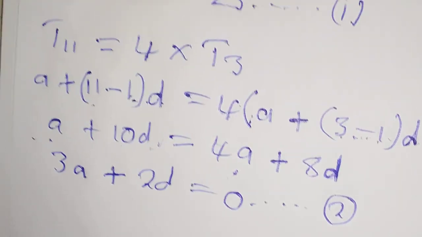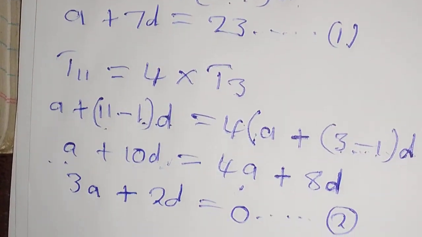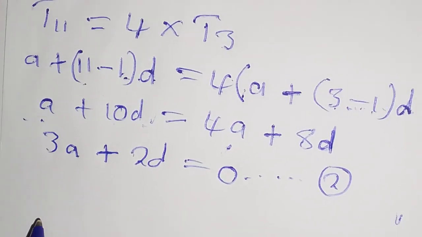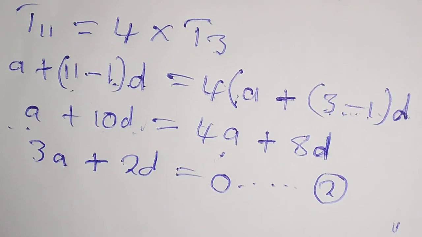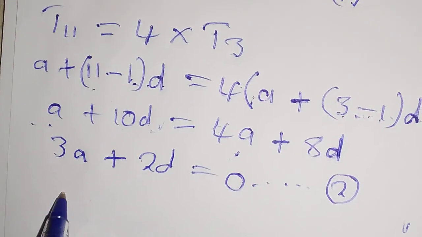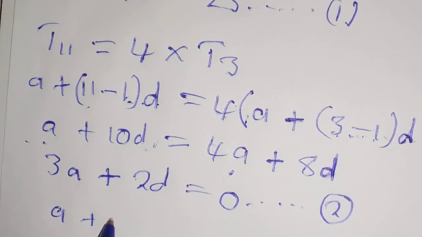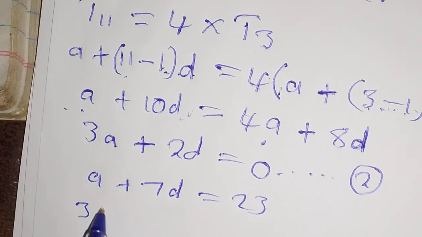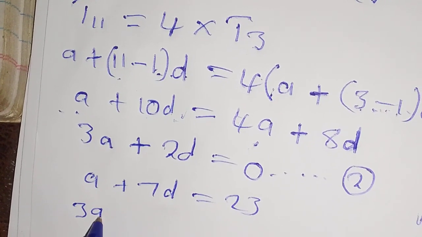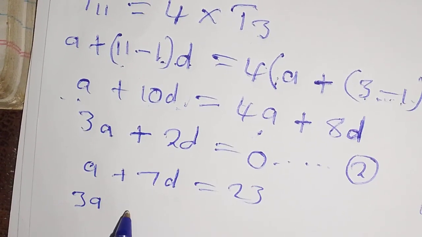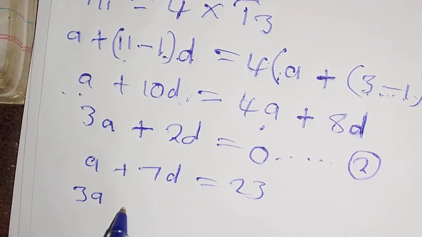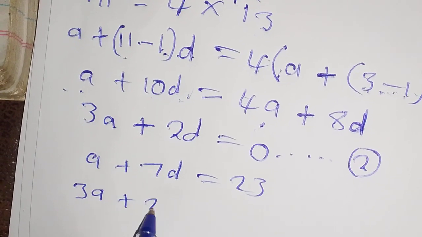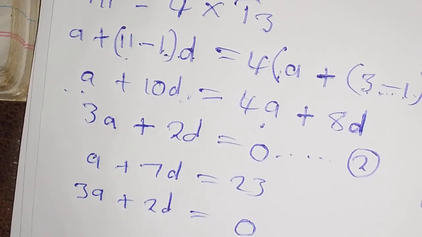So we can solve the first and second equations simultaneously: a plus 7d is equal to 23 and 3a plus 2d is equal to 0.